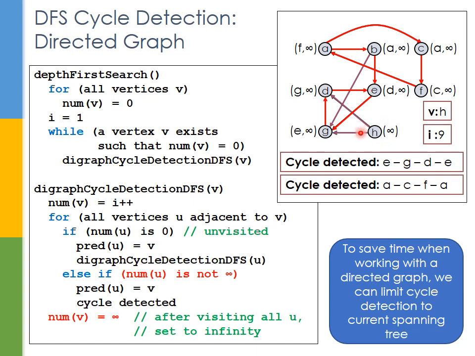So for vertex H, there are no adjacent vertices that we need to consider. So we then set vertex H's number to infinity, and this then exhausts all of the vertices. There are no further vertices in the graph that have a number of 0, so the algorithm terminates at this point.